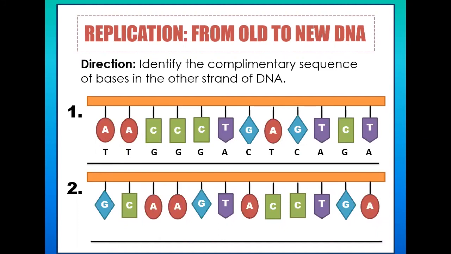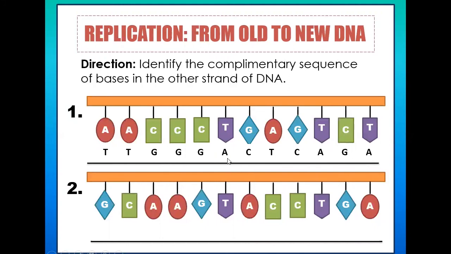So we have T, kasi nga, the complementary of A is T, C is G, in this case. So T, complementary is A. So, G to C, A to T, G to C, T to A, C to G, T to A.